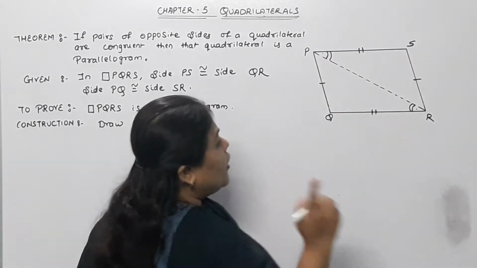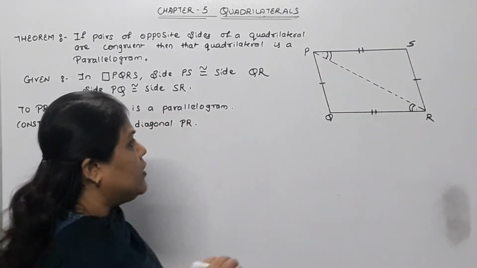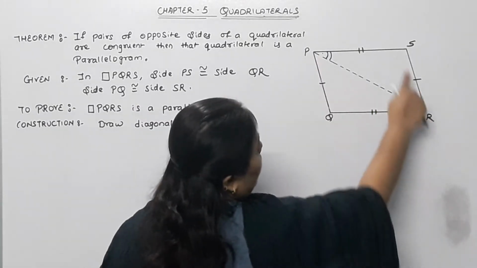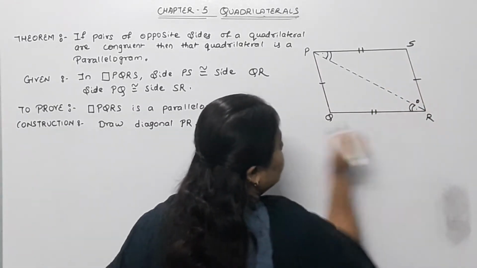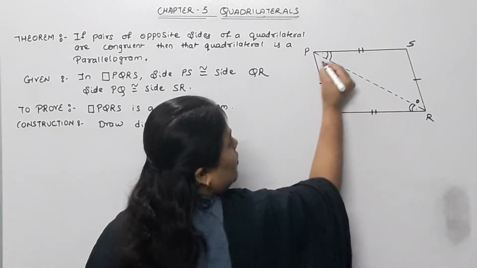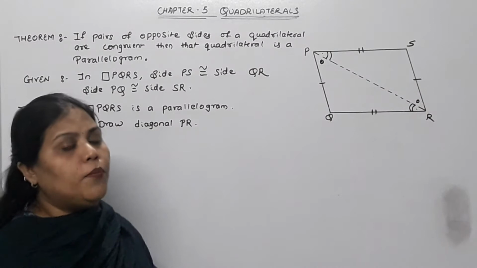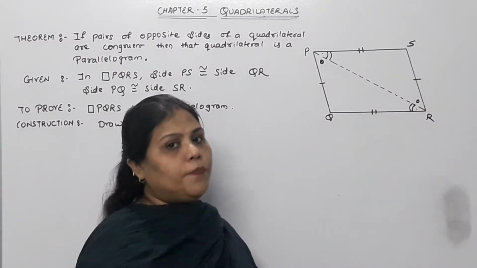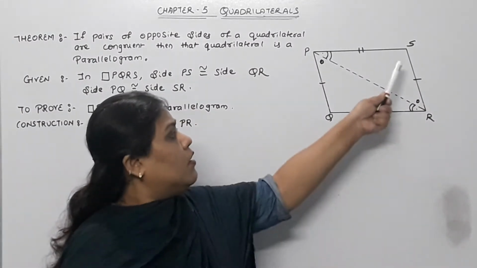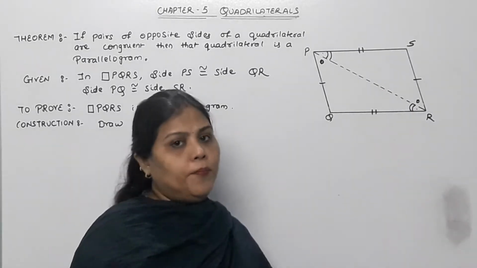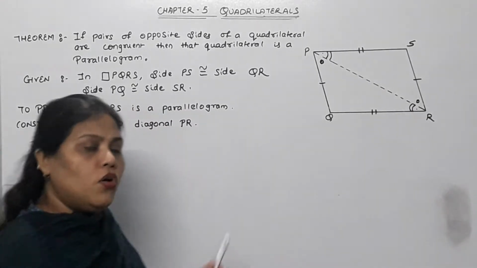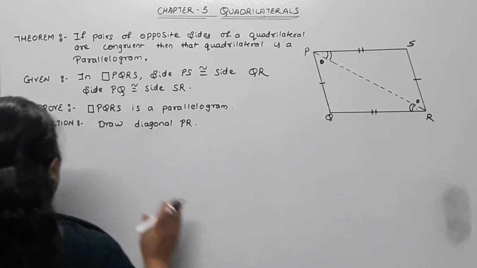Same way we have one more pair of alternate angles, that is PRS, this one, with QPR, right? This way we can prove that with the help of the alternate angle test for parallel lines, this quadrilateral is a parallelogram, right? So we'll start with the solution now.